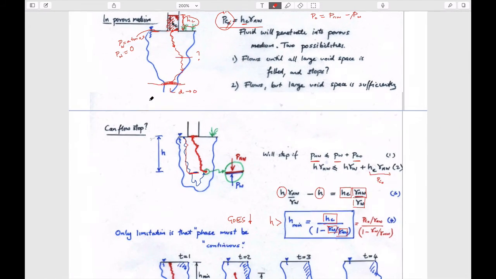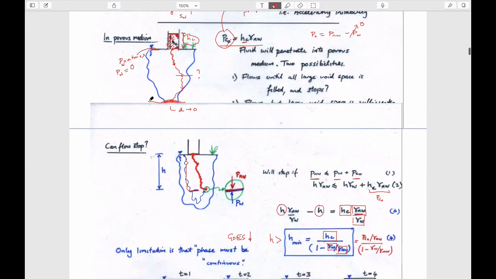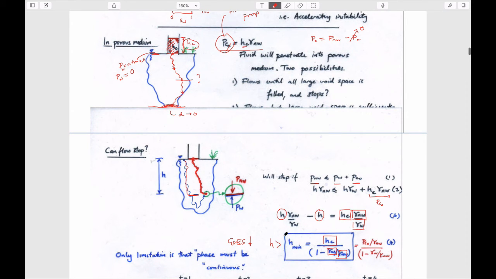In this geometry, we've said something that maybe contradicts that. We've said it only goes when it equals this amount divided by some number which is less than 1, which means that h min would actually be larger than this. So this length here, for it to go, is larger than this length here. So the question is, why is it different in the first place? And does it make sense that it's larger?